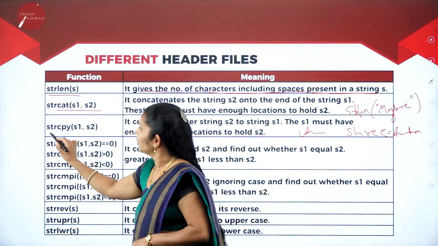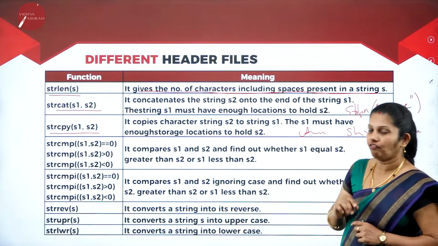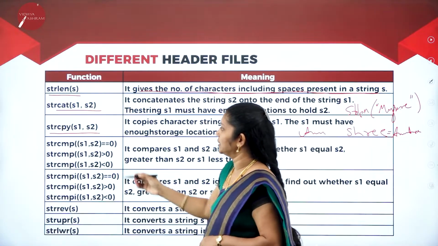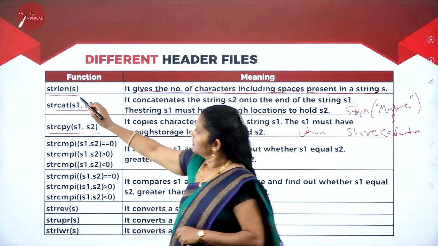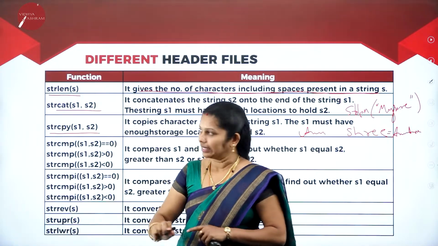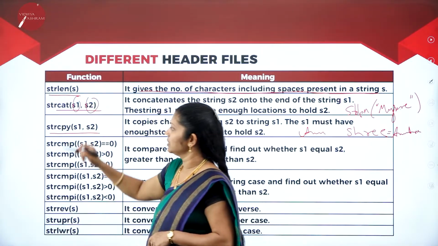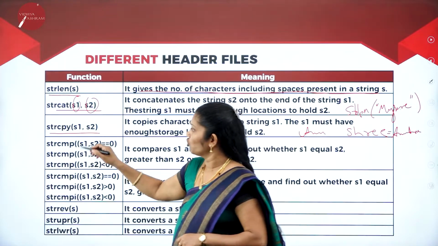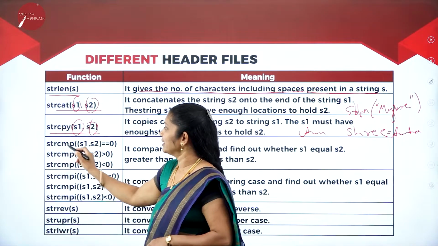Then strcpy. When we come to the string copy function, it will copy one string to another string: S1 is copied to S2. Here string length counts how many characters, strcat combines both the strings, whereas strcpy copies from one string to another string. And the next one, string compare.